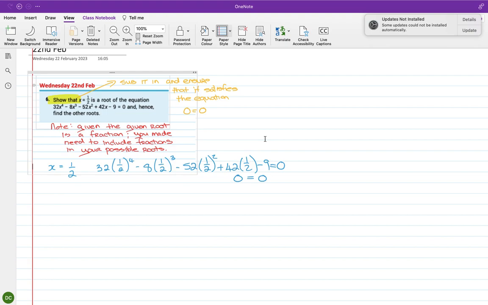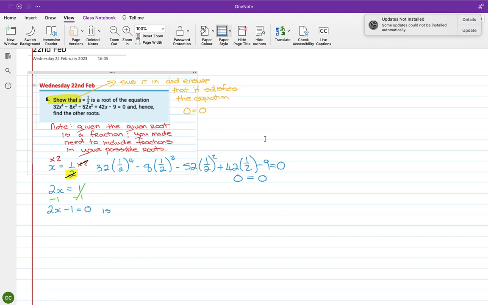Like I was saying yesterday, if I want rid of this 2, I need to multiply it by 2 here and multiply it by 2 here. That gives me 2x on the left, and on the right the 2's cancel, and it equals 1. And then I'm trying to get that equals 0 on the right hand side, so I minus the 1 and minus the 1, and that gives me 2x minus 1 equals 0.